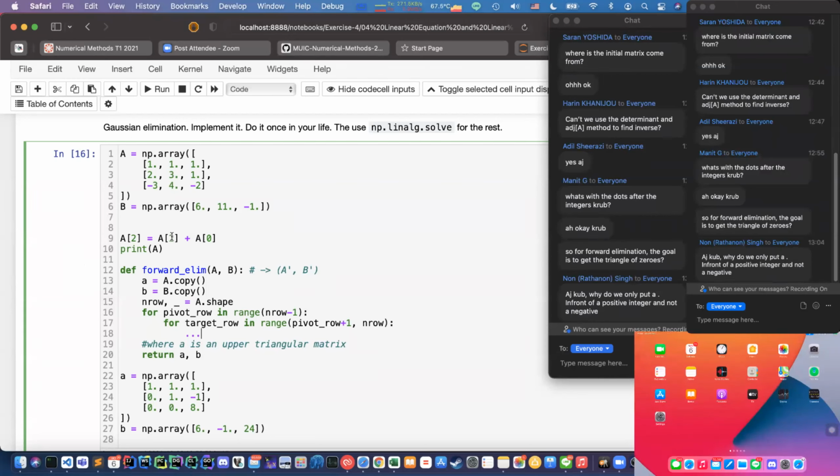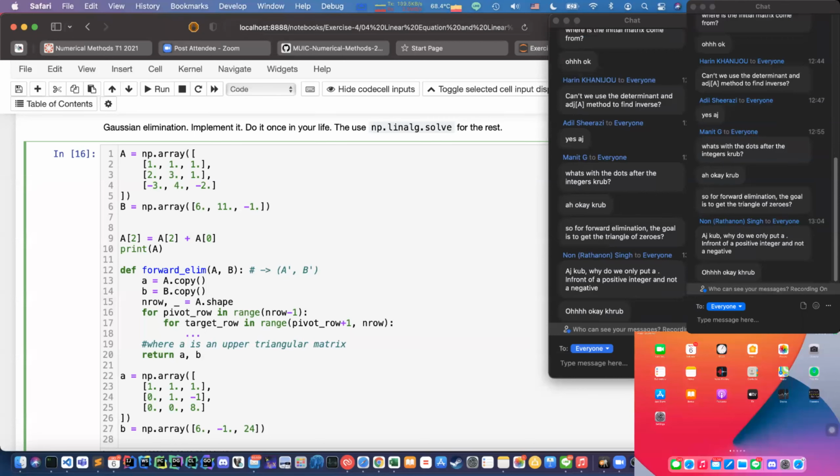Oh, there's no reason. The only reason is because I want it to be 2 characters. You could put it here as well, except it's going to ruin all my format. Actually, I only need one number in this array to be float. I just want it to line up nicely, that's all.